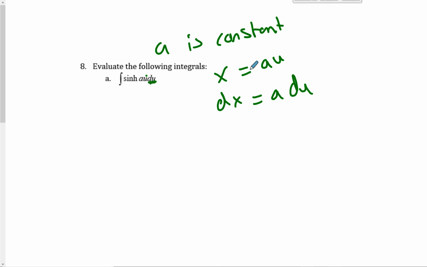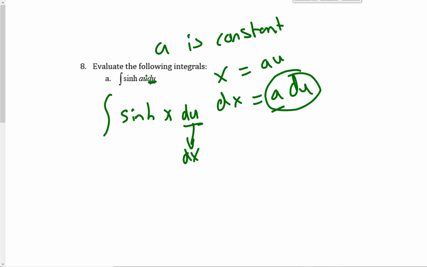And now substitute in my x for au. So the integral of hyperbolic sine of x du. And then my du, I want this to be just dx. Well, dx is a du, so I have to divide by a on both sides. So this du is equal to dx over a.